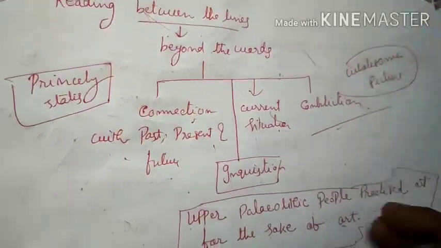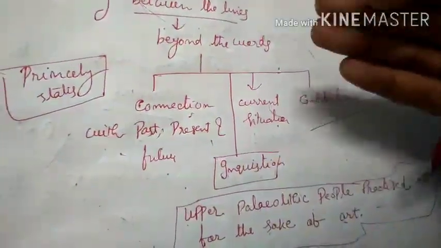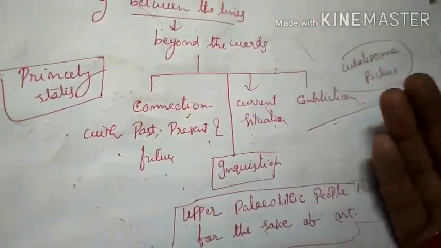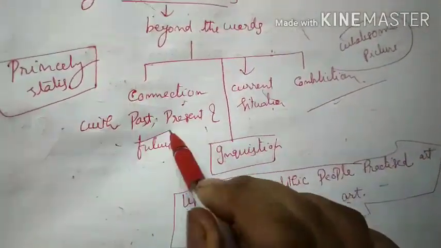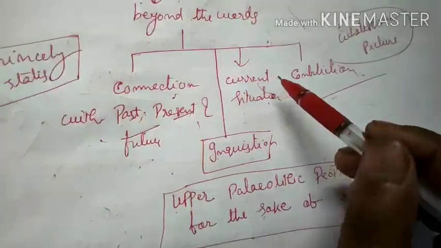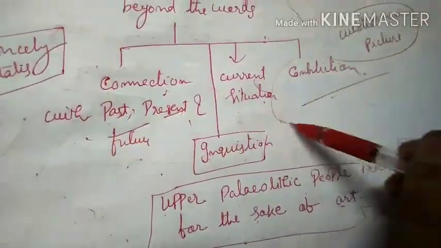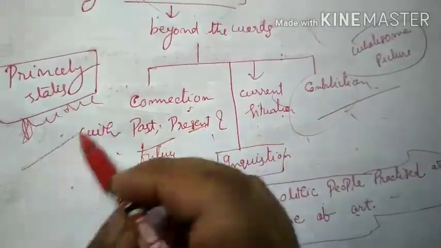And how can we gather a wholesome picture? We have to find out the connection of that particular line, that particular topic, with the past, present, and future, in terms of the current situation, in terms of its conflicting issues. For example, princely states.